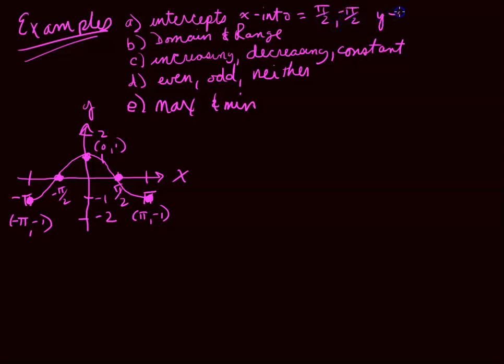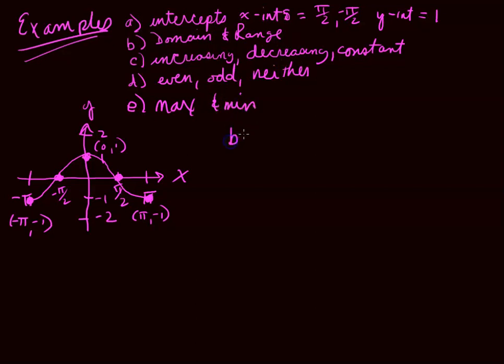The y-intercept, the only one, is at 1. We don't usually put the 0 for that. We use the x values for the x-intercepts and the y values for the y-intercept, because for x-intercepts, y is 0, and for y-intercepts, x is 0. This should be ints and s. Okay.